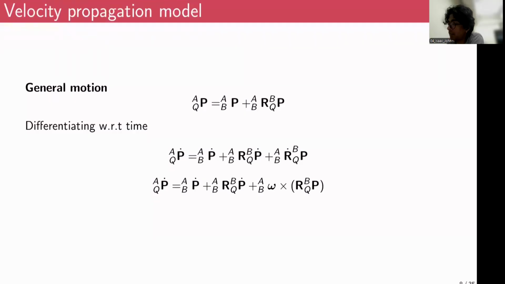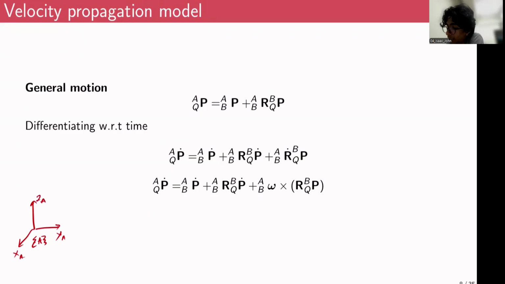So in the previous weeks, we have seen how to express vectors in different frames of reference. For example, if you have a fixed frame of reference, maybe I'll denote it as A, which is a ground fixed frame of reference. I'll denote the coordinates as XA, YA, and ZA.